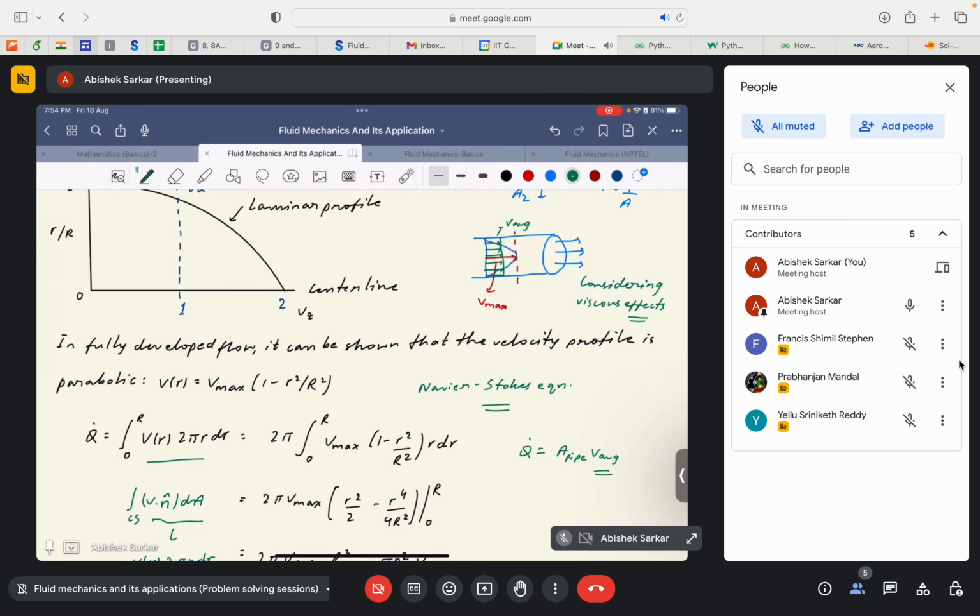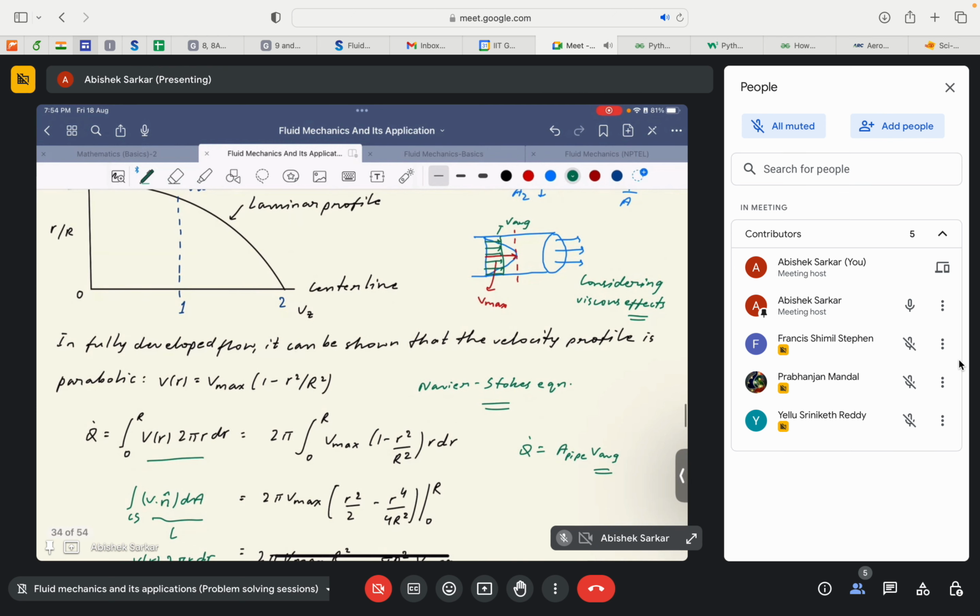Given that the value of this velocity is uniform throughout the pipe, then we can say that the volume flow rate would be equal to the area of the pipe times this uniform velocity. Is that fine?